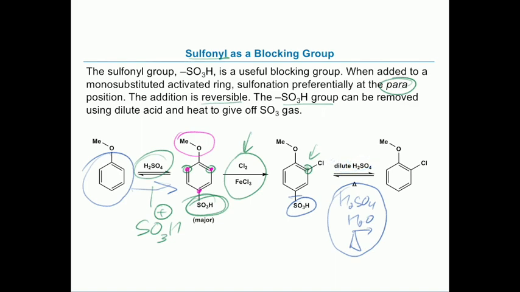Putting that whole sequence together allows us to blow off our SO3 fragment, effectively related to a decarboxylation kind of step. But in the end, we remove the sulfonic acid and return our proton.